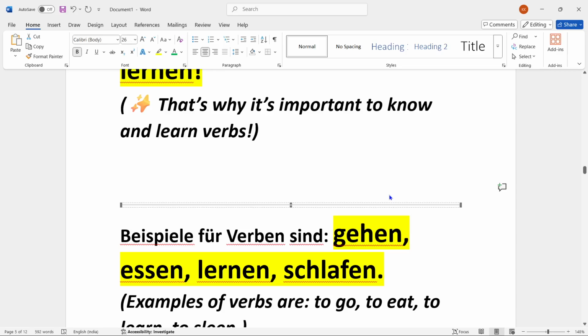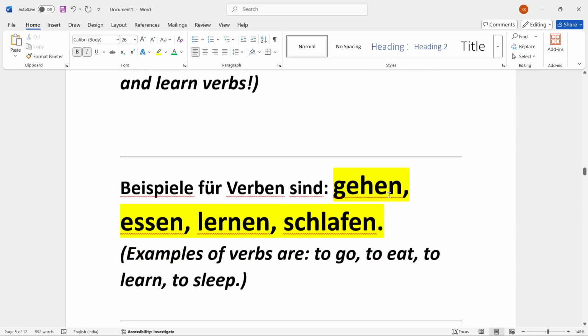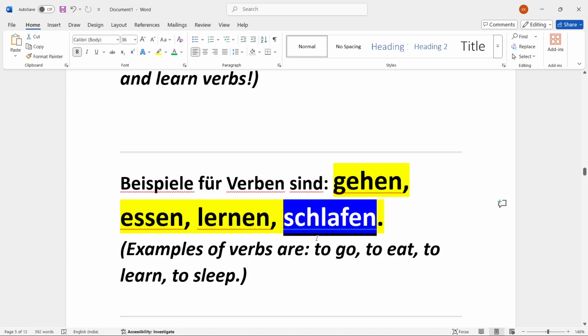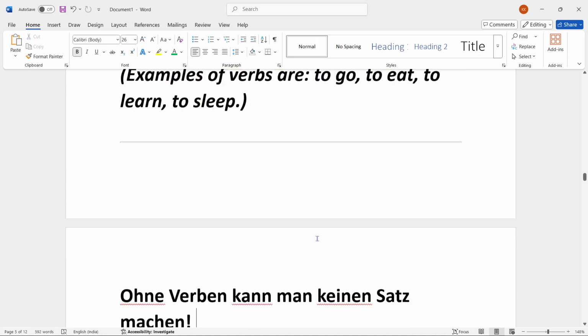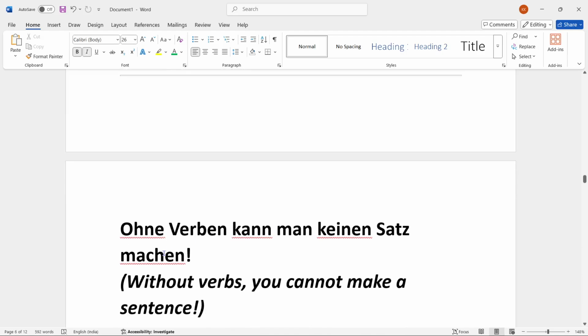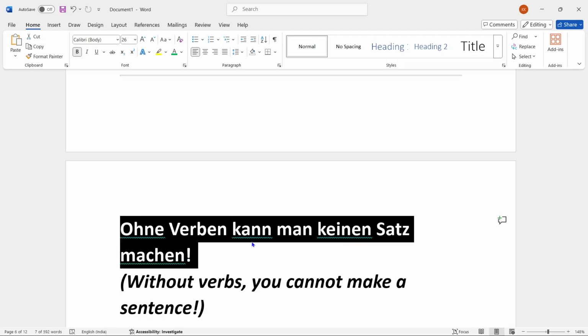These all are verbs. Examples of verbs are to go, to eat, to learn, to sleep. Gehen, essen, lernen, schlafen. These all are the verbs. Ohne Verben kann man keinen Satz machen. Without a verb, you can't make any sentence.